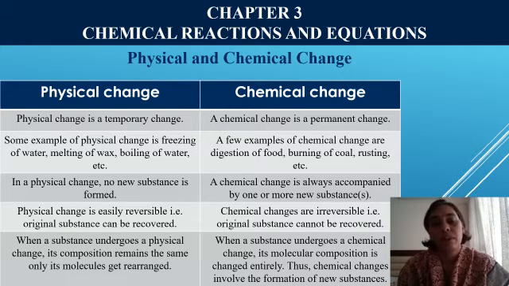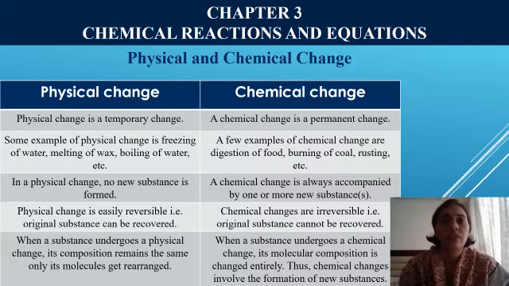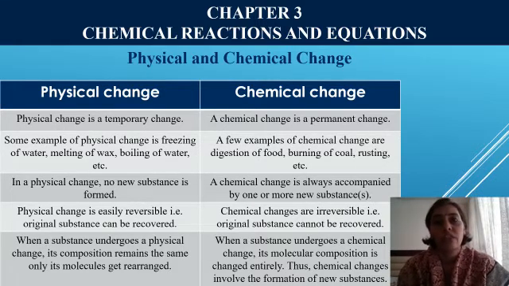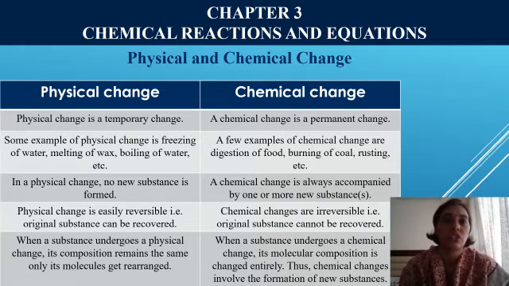Now there were a number of scientists who were experimenting, and they found that there are several changes taking place. They divided them into two categories, physical and chemical changes. Now they noticed that in physical changes, only physical properties of the substance changed.